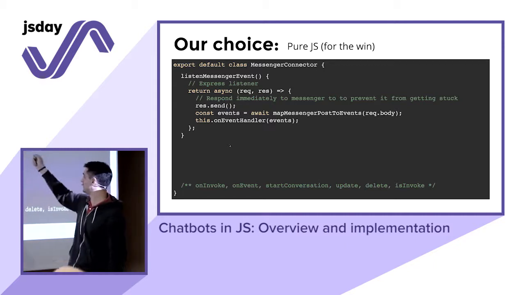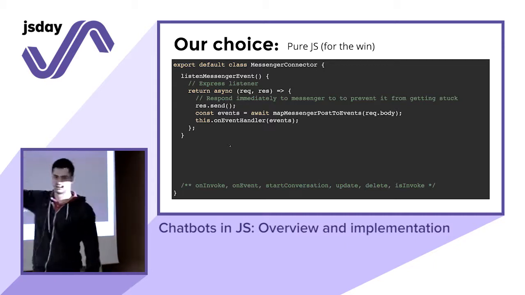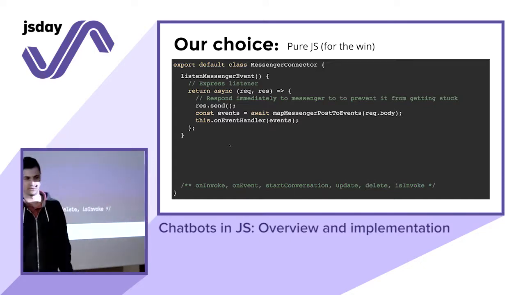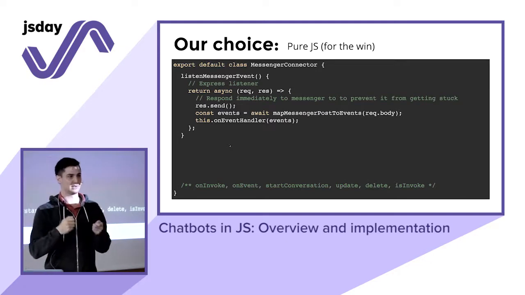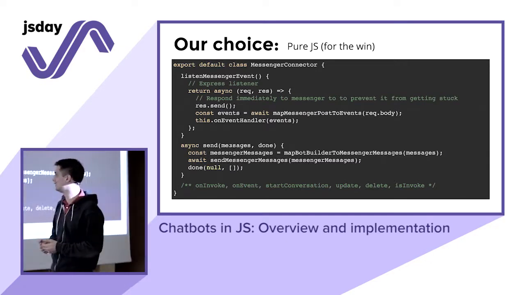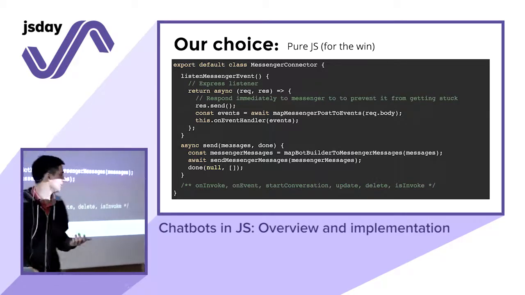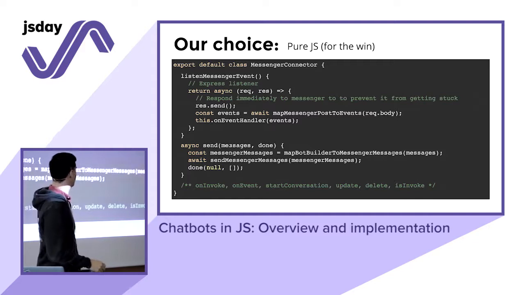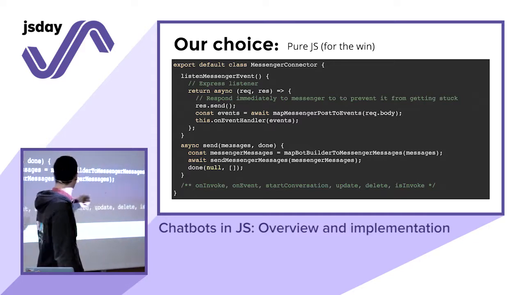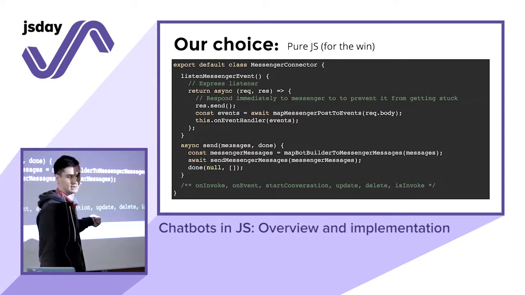Then you will translate your Messenger message to a bot builder message and send it to the event handler so it can go to your bot building conversation tree. The second one is the send method. So in input you will have a couple of messages. You want to map them from the bot builder format to the Messenger format and then pass it through a service to send them to Messenger.